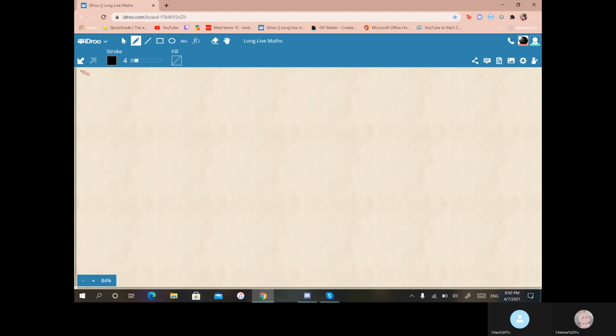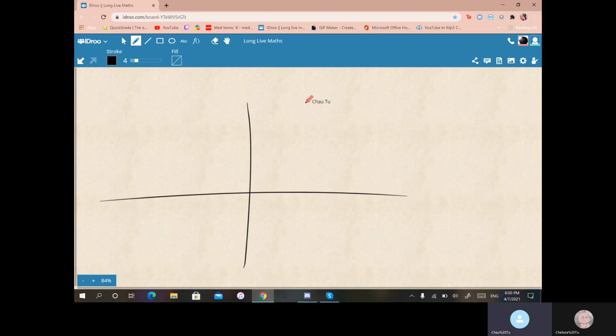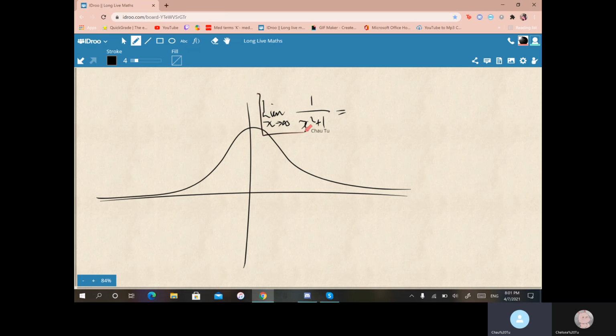Take my word for it that 1 over x squared plus 1 will look something like this. What's the limit of that as x heads towards positive infinity? What is this equal to?